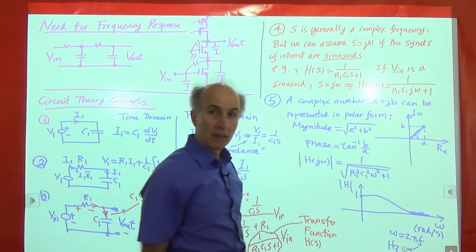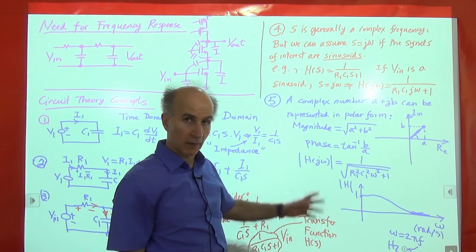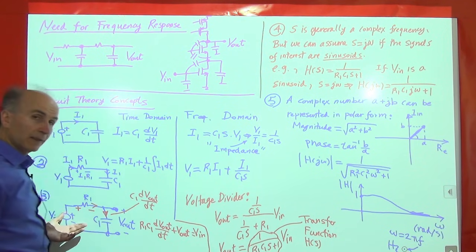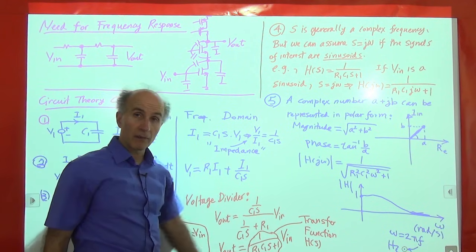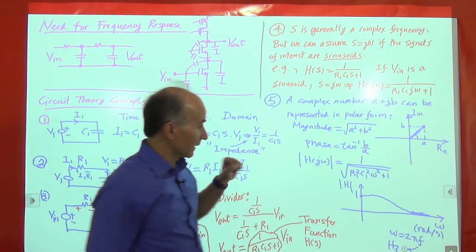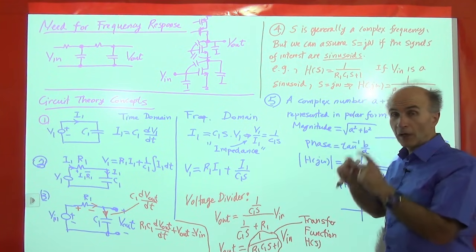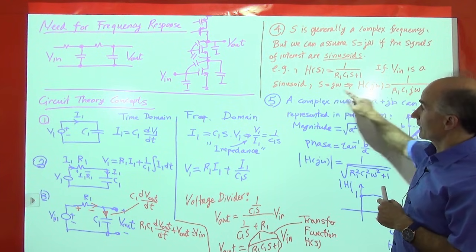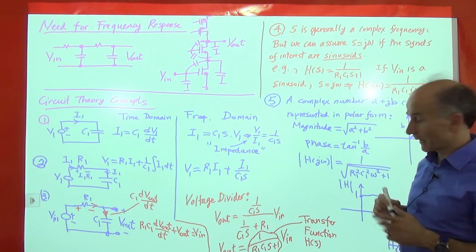So that's just the magnitude of the transfer function of this little circuit here. In fact, this is what we call the frequency response. The frequency response of a circuit is the magnitude of the transfer function when the transfer function is calculated at s equals j omega. All right, so we'll write that out shortly, but that's the basic idea.